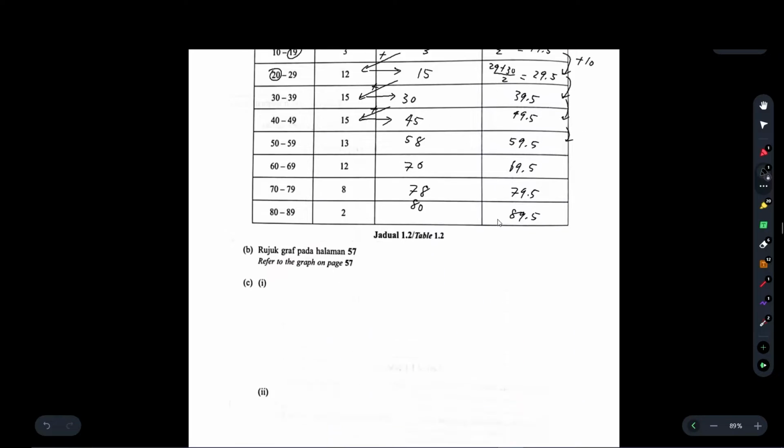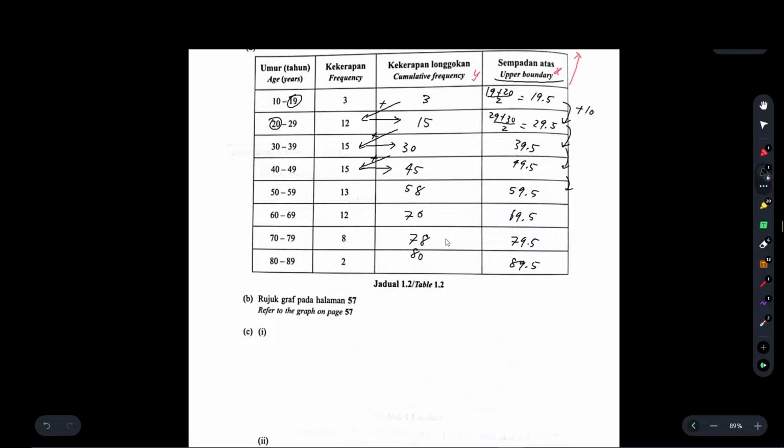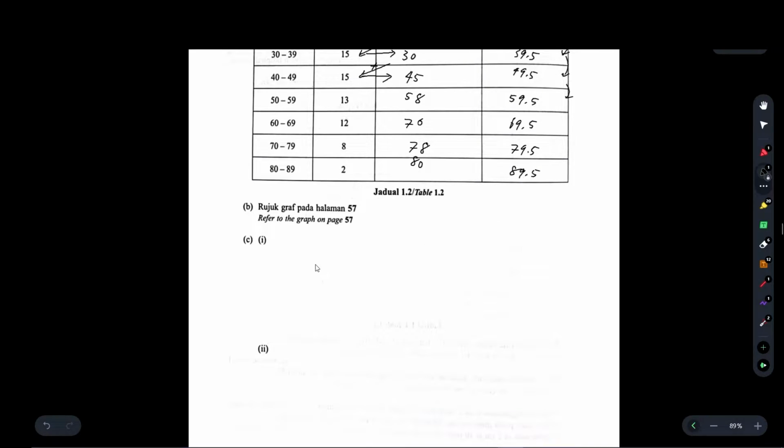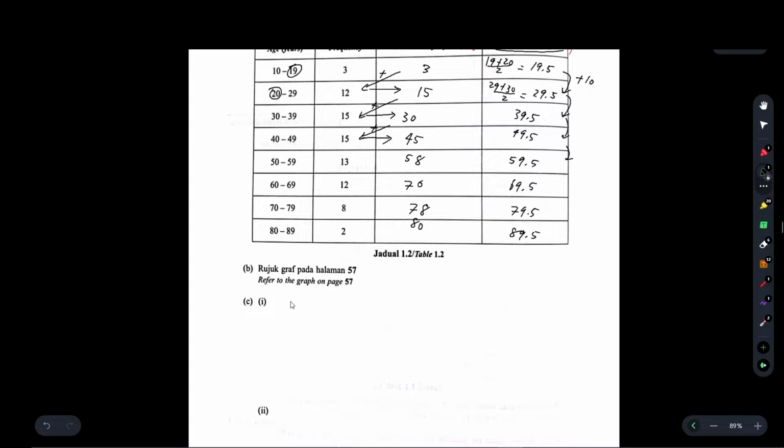So how do we find the median? First of all, we're gonna find the position of where the median is. Median stands for the half, right? Half of the data. So it's gonna be 1/2 times 80. The 80 is from the cumulative frequency. And we have 40.